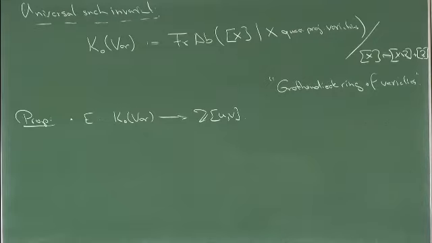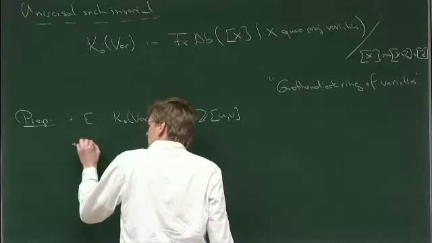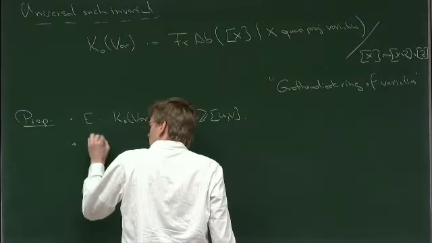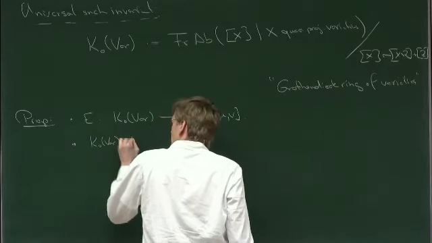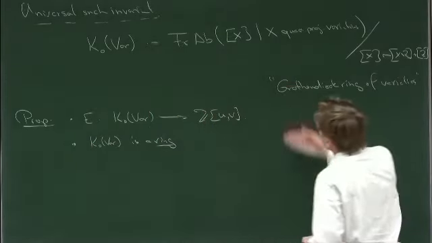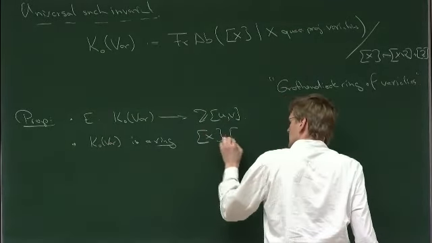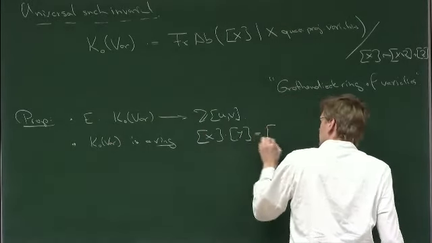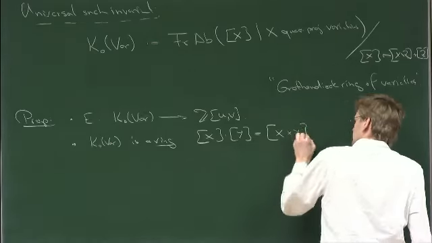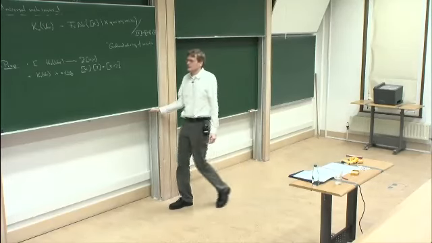The second thing that you notice is that this is really a ring. I gave it to you as a group, but it's of course a ring. You just say that the product of two classes is the class of the product, and you immediately check that this is compatible with the relations.